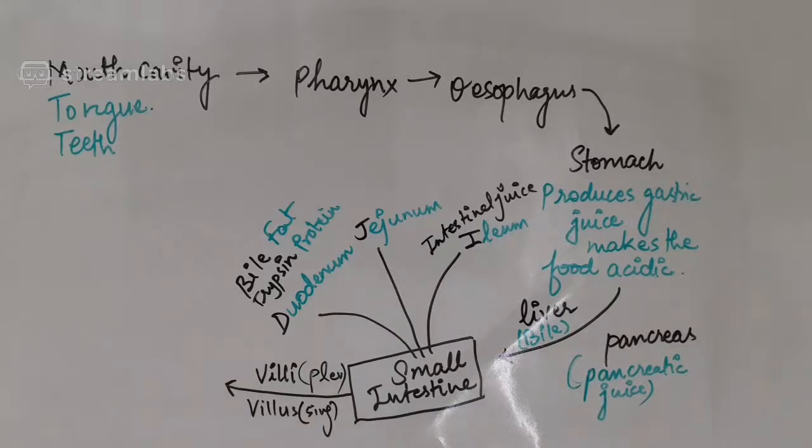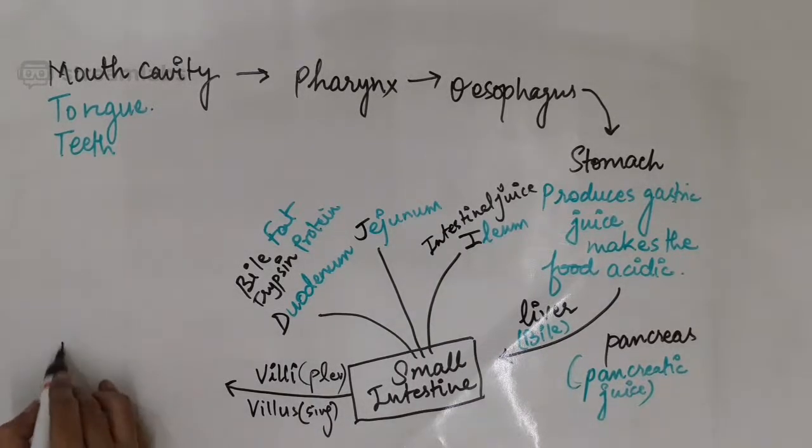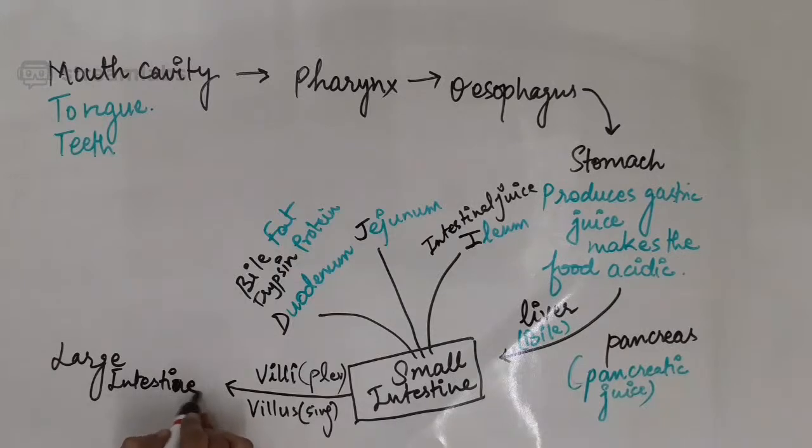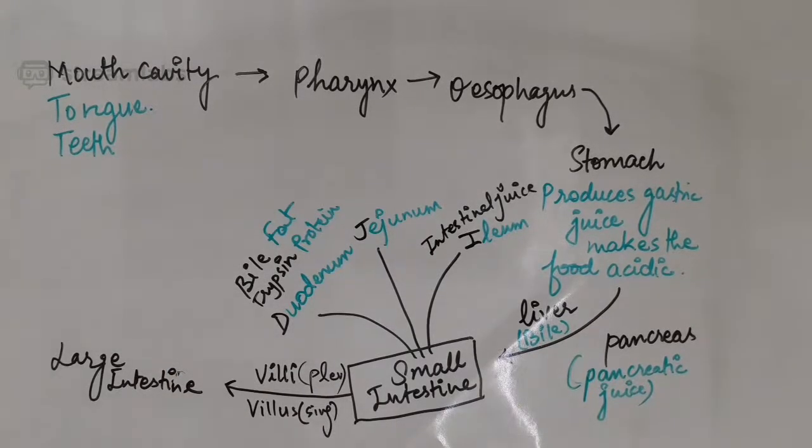The food goes into the large intestine, and this part of the alimentary canal is again divided into three parts.